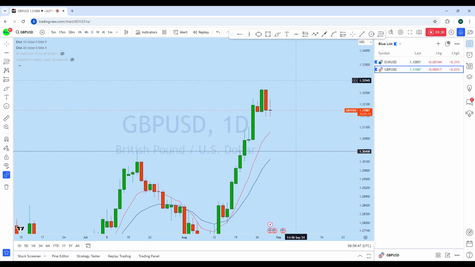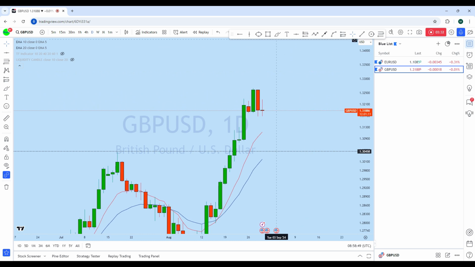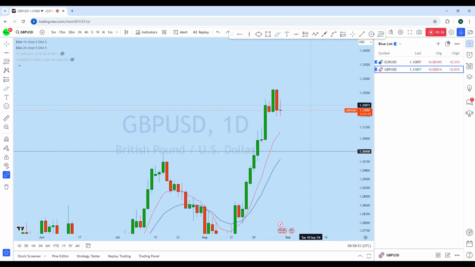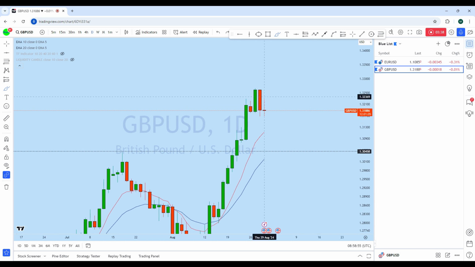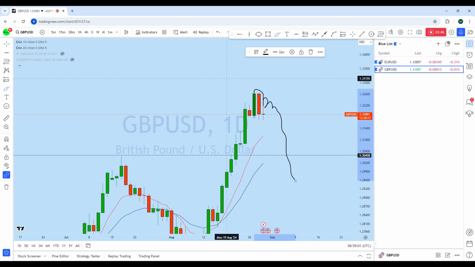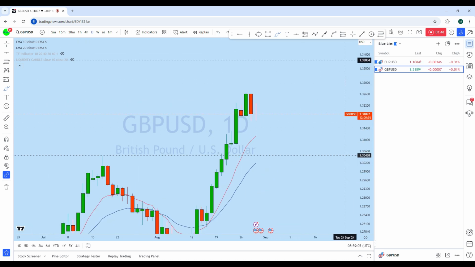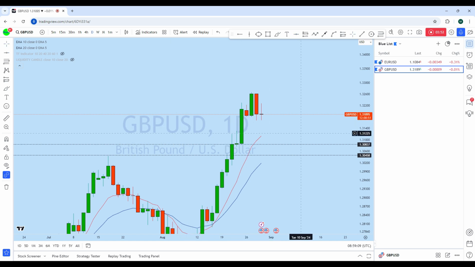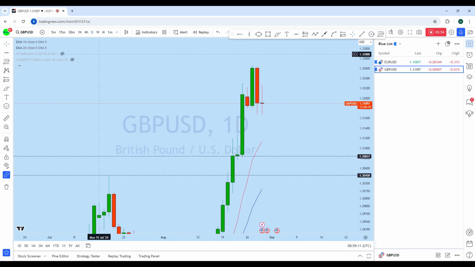If we look at the daily chart, there is a long bearish candle followed by a daily doji formation. And on the lower time frame we can see that this move on GBPUSD is a potential liquidity gap, and we can now expect GBPUSD to drop back to another liquidity zone, which is an important support level.